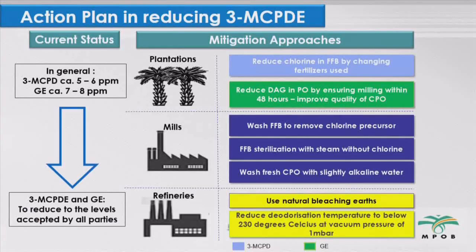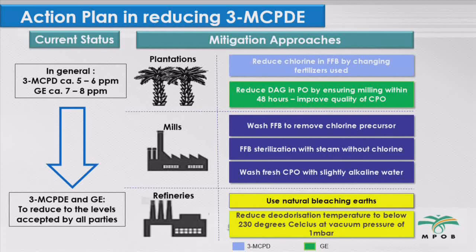This is again the action plan in reducing 3-MCPD. You've seen this photo from Pemandu just now. Current status is 3-MCPD is about 5 to 6 ppm, GE is about 7 to 8 ppm. The levels to be reduced are yet to be determined, pending stakeholder consultation and acceptance by the importing country.